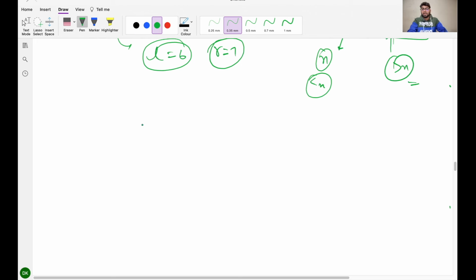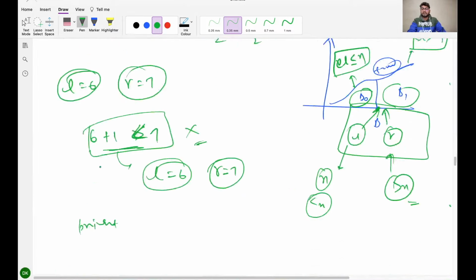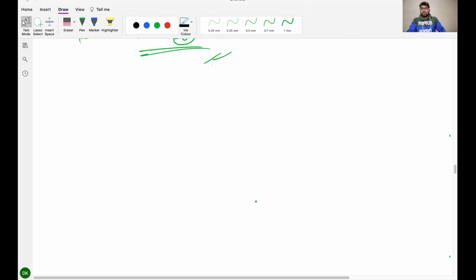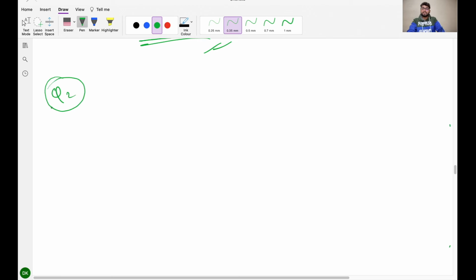After that, if I want my index, I just have to print my L.